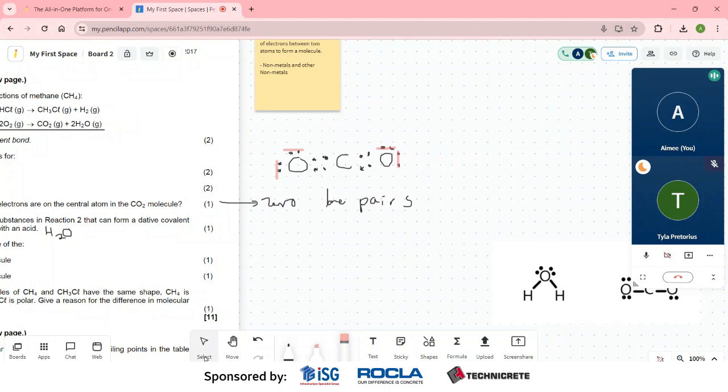Water has an angular structure, and the oxygen in the center has got a lone pair at the top. Okay?